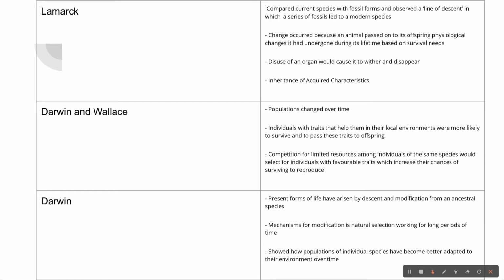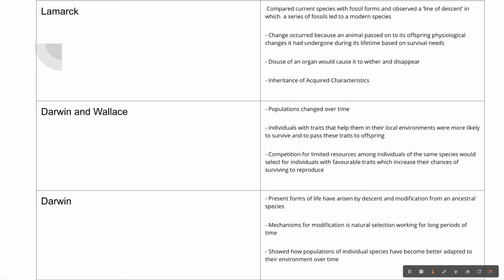Darwin then, just himself, presented that forms of life have arisen by descent and modification from an ancestral species, so like another tree. We'll go through that. The mechanism for modification is natural selection, working for long periods of time, and he showed how populations of individual species have become better adapted to their environment over time.